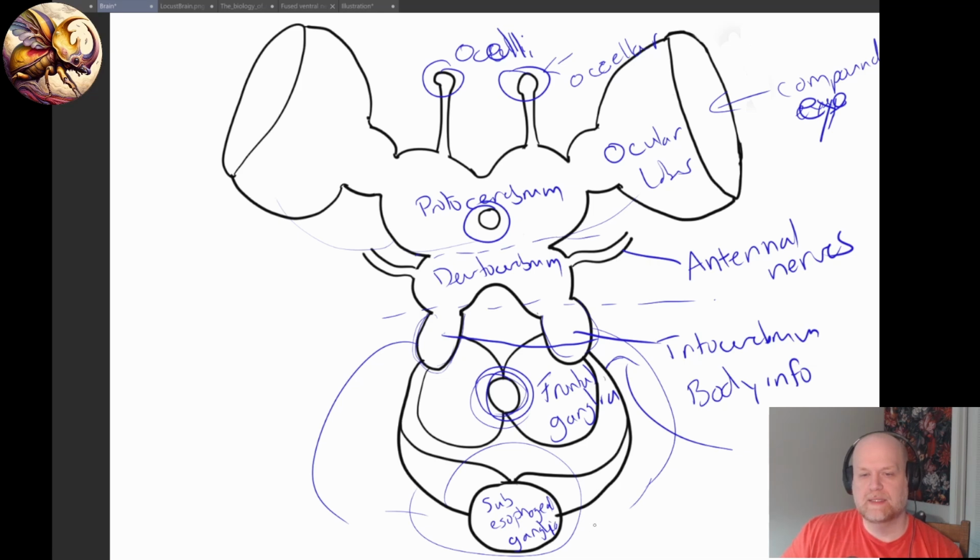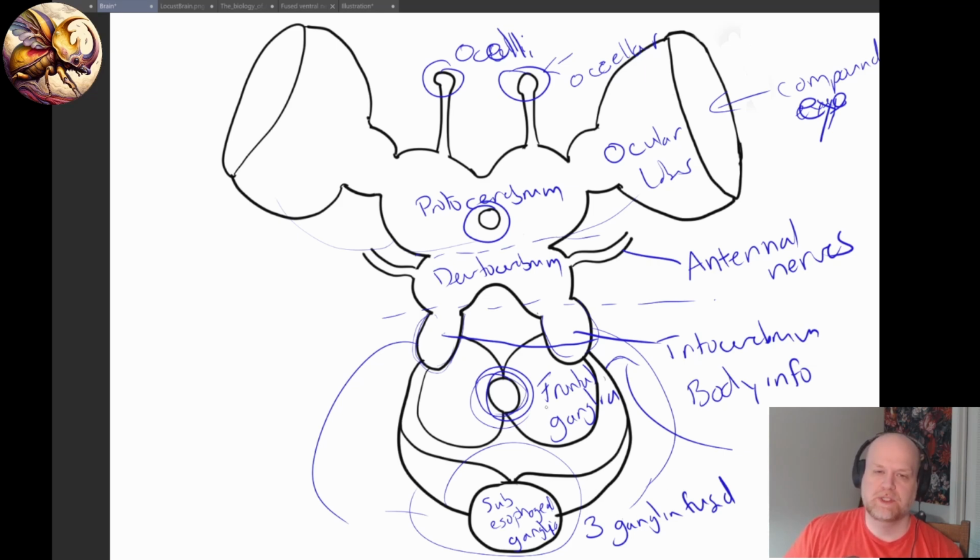And this is a fusion of 3 separate ganglia. These three ganglia control the mouth parts. So the mandibles, the maxillae, and the labium are controlled by the subesophageal ganglia.